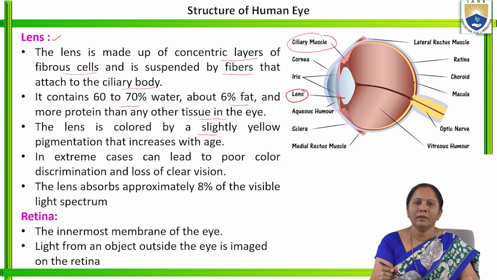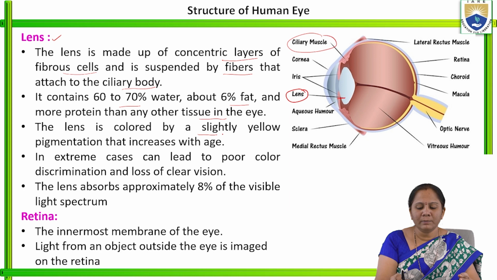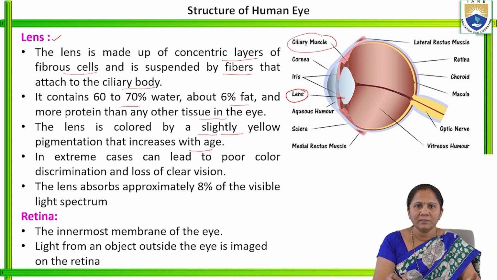So it will be based on the lens. The lens will be colored by slight yellow pigmentation as the age increases. So in extreme cases, it leads to poor color discrimination and loss of color vision. If this becomes totally yellow, then that particular person will lose his vision.